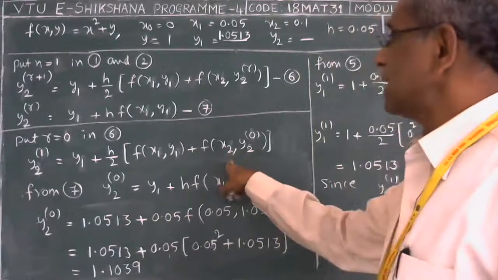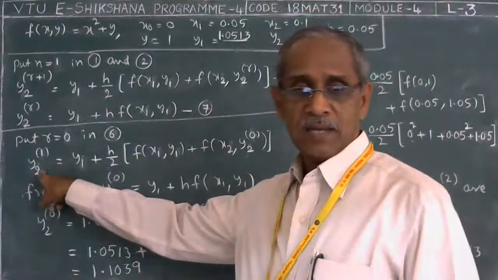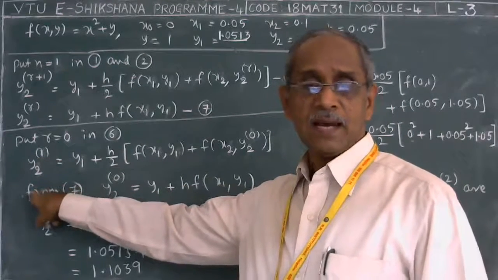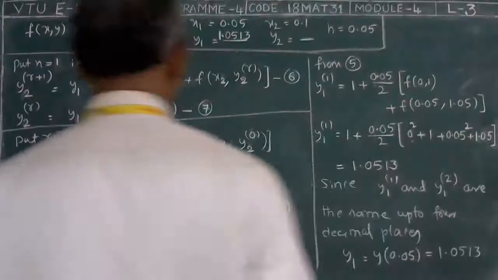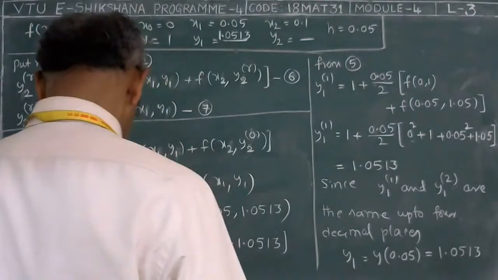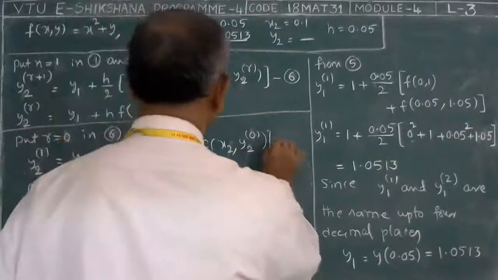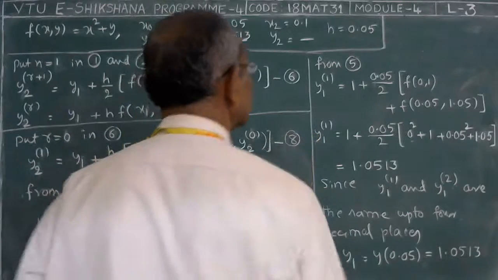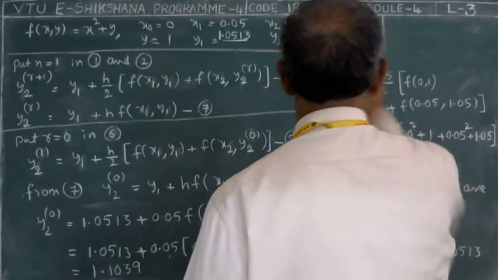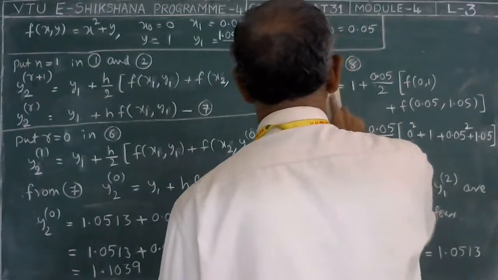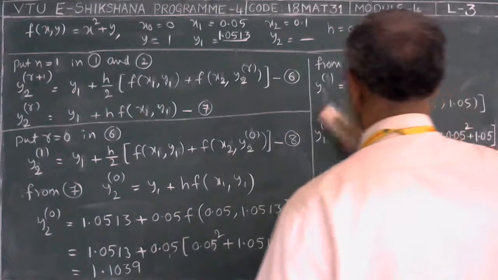I'll substitute here and calculate the first iterative value for y at x equal to x2. Let me call this 8.